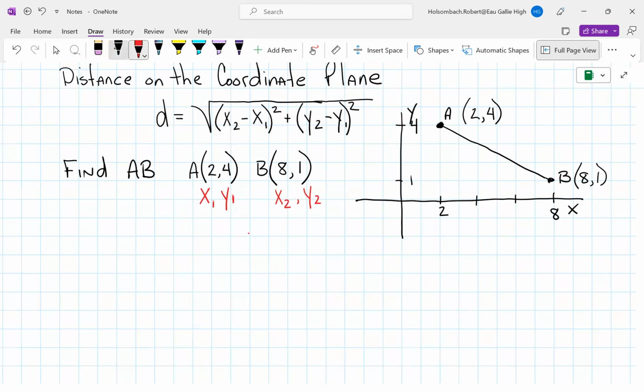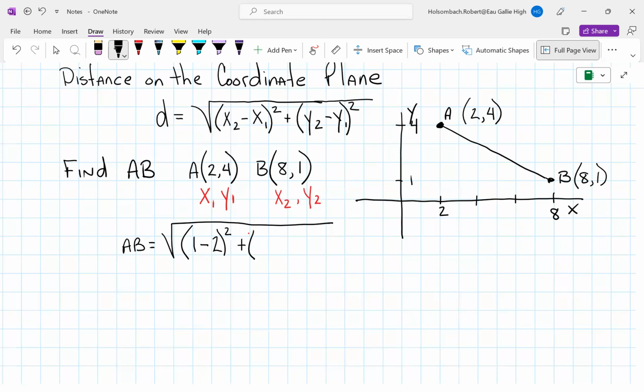And by substitute, I mean you take AB is equal to big square root. And now we take our X sub 2, which is 1, minus our X sub 1, which is 2. And we square it. And then we add it to our Y sub 2.